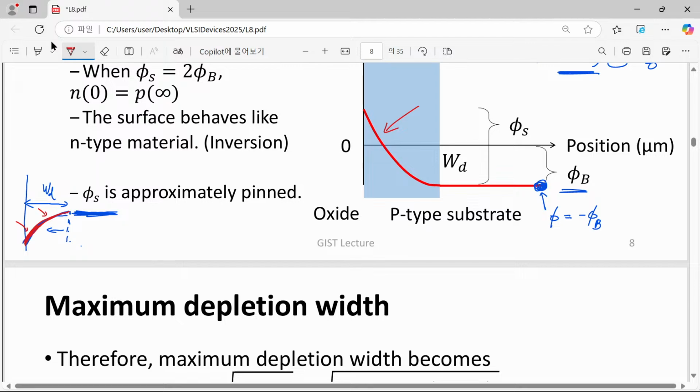No, because let's say this is the conduction band level, and our Fermi level is more or less attached to here. Even though we have a parabolic variation in our conduction band level, the energetic difference between the Fermi level and conduction band level is already too high, so we can neglect electrons.